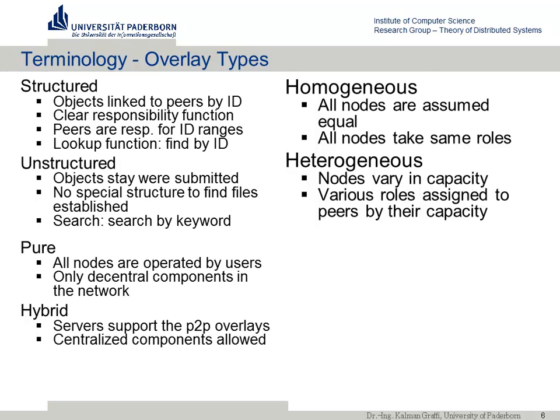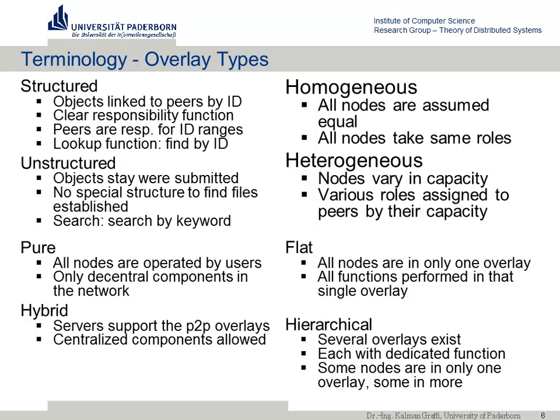So we introduce various roles and try to assign them to the peers according to their properties. For example, we will see some examples both for homogeneous overlays, that will be the first part of today's lecture, and some for heterogeneous overlays, that will be the second part.